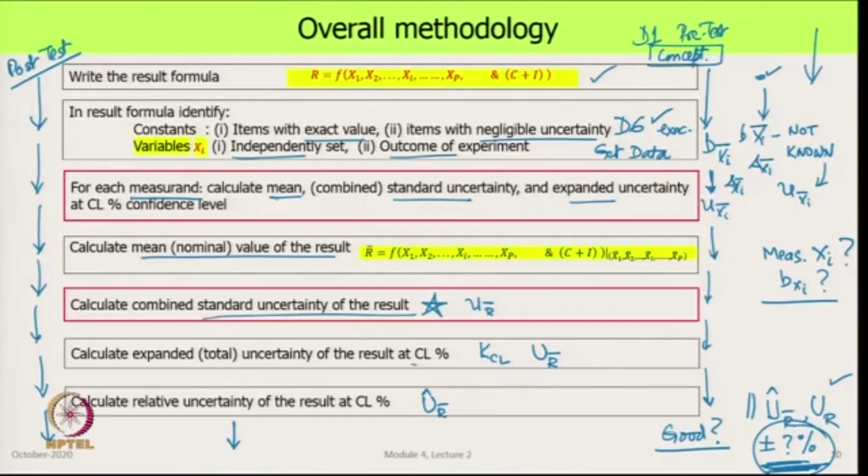So, this is the overall strategy we have, and the way we will proceed further in the course is that we will learn the methods of calculating the combined standard uncertainty of each result. This is the next big module. After that, we will look at another 2 modules on how to calculate the uncertainty of the result.